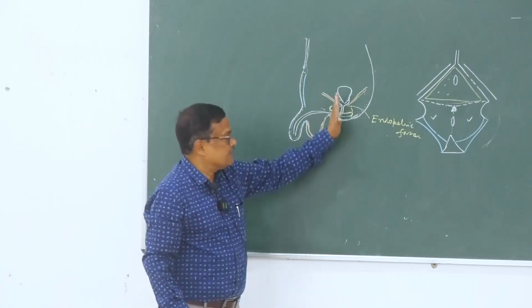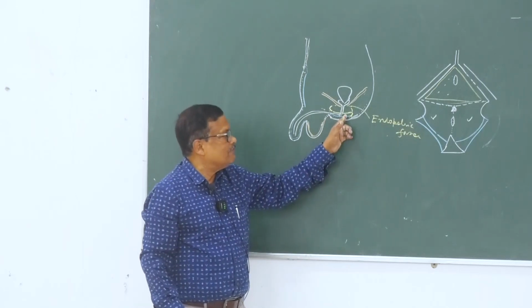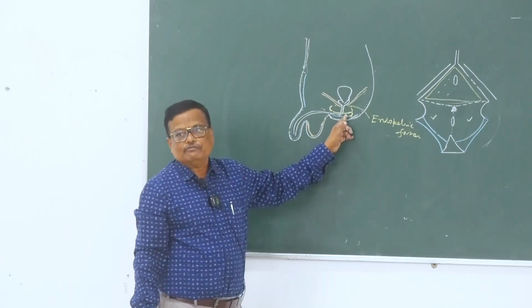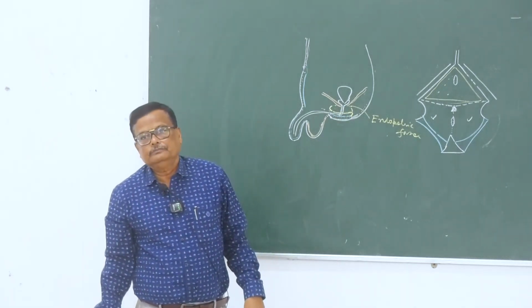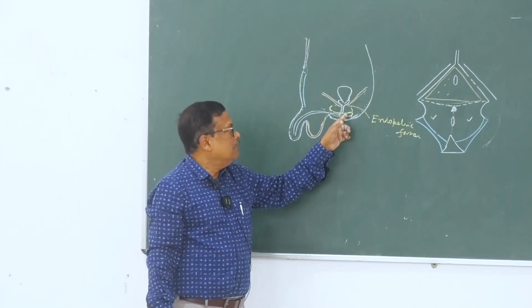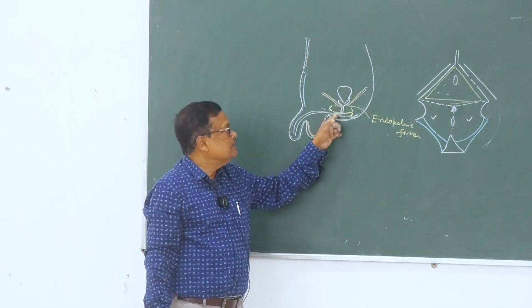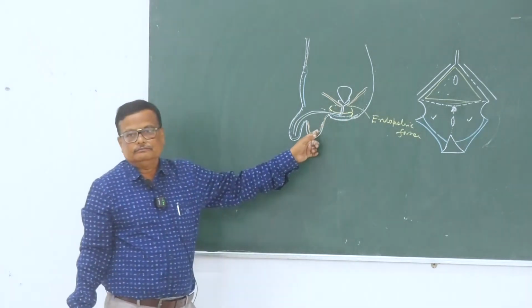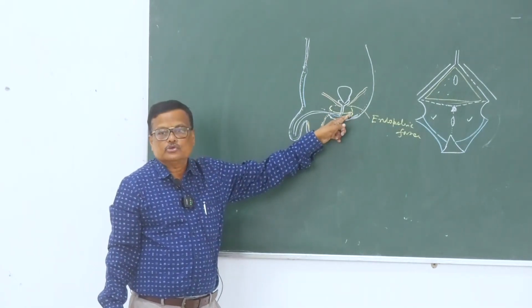Because when we dissect, when the surgeon operates, it comes first, so we call it superficial, and it comes later, we call deep. By seeing this picture, you know the superficial perineal pouch or space is open anteriorly, posteriorly it is closed.